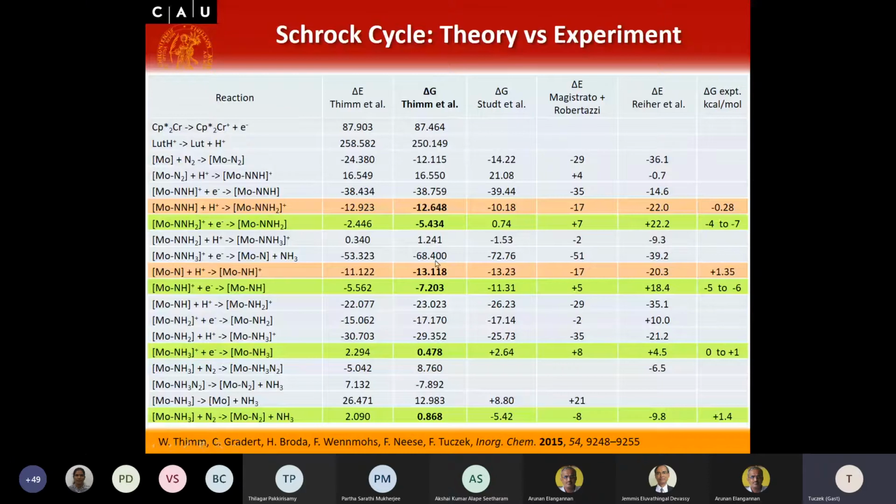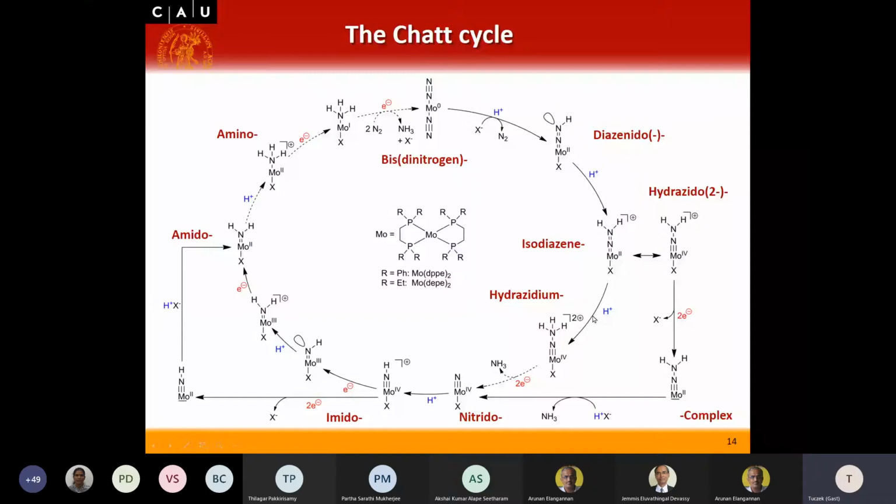Okay, now we come to the Chatt cycle, and here you see a picture of the Chatt cycle. We start with a bis dinitrogen complex. We basically go through the same intermediates as in the Schrock cycle. So you also have a diazenido, a hydrazido(2-), a nitrido complex, imido, and so on.